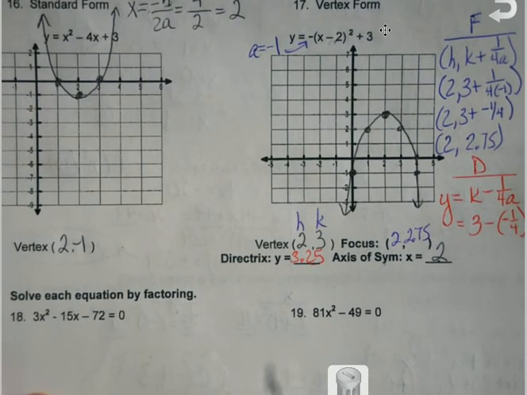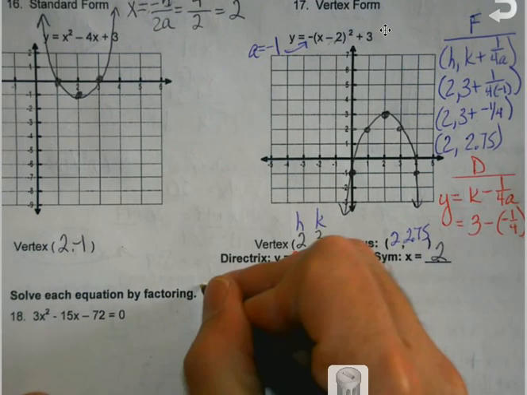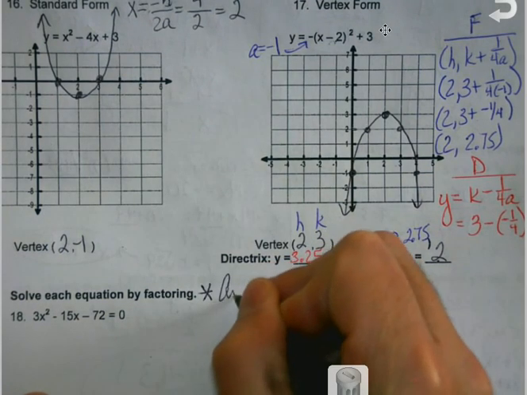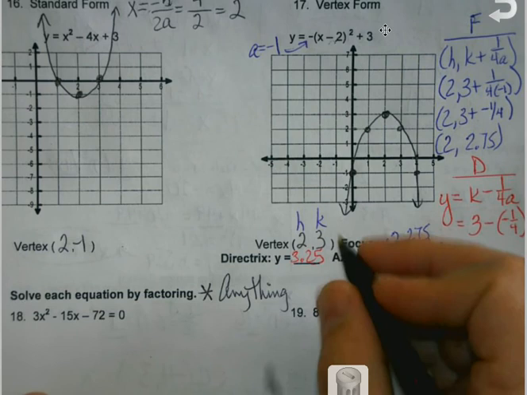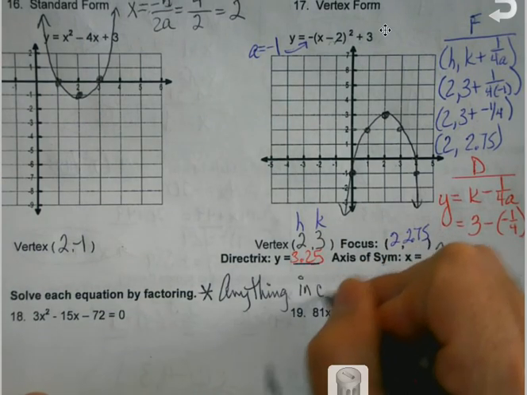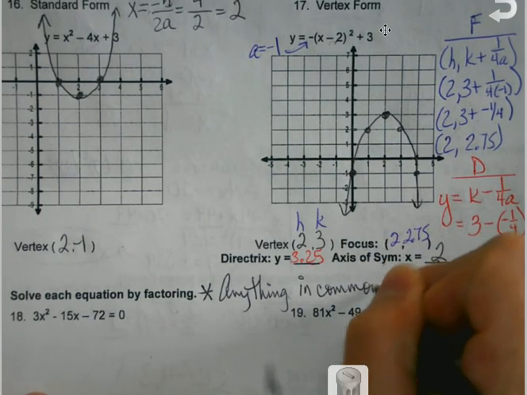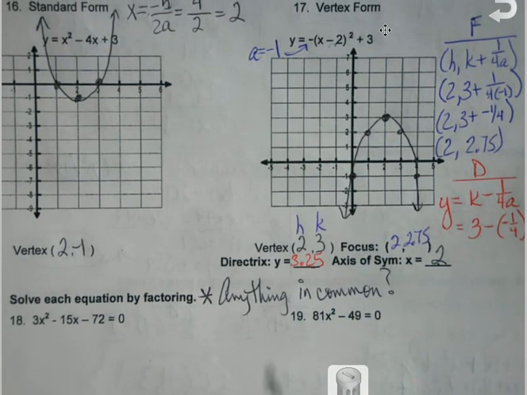And finally, solve by factoring. I'm going to write this on every single thing we do with factoring until this does not become a problem anymore. Before you try anything else, do they have anything in common? I have so many of you on 18 that would start sliding and dividing right now. You don't have to slide and divide on this. We're going to make this easier.